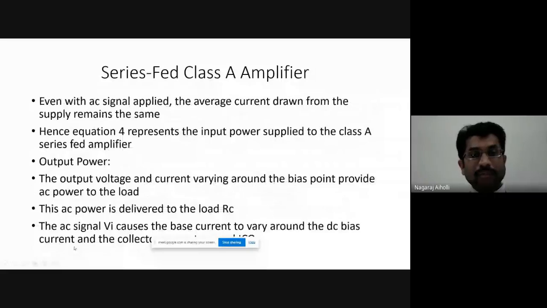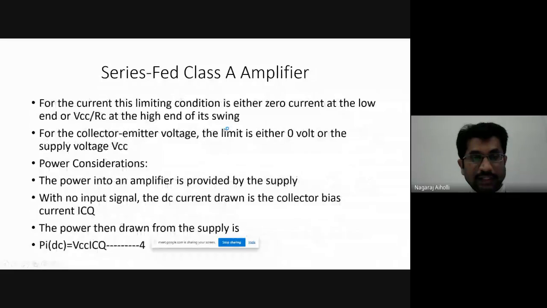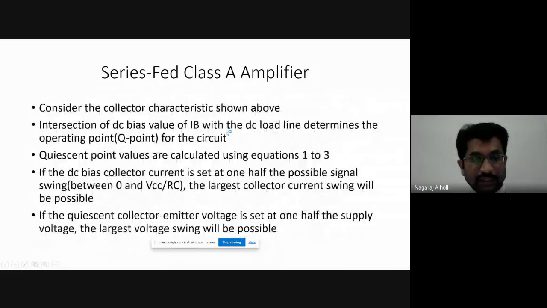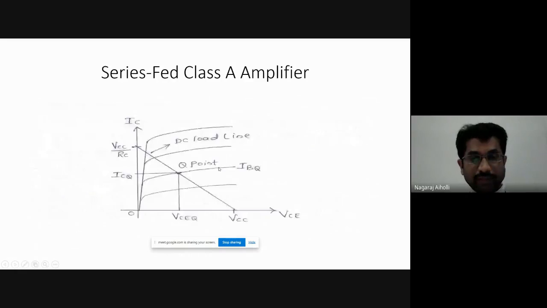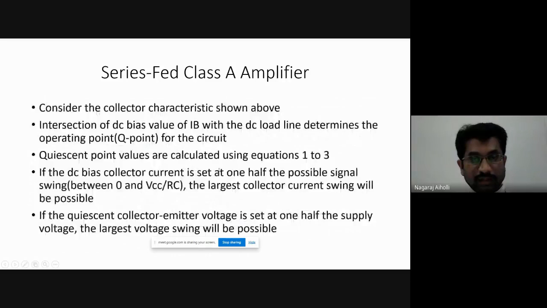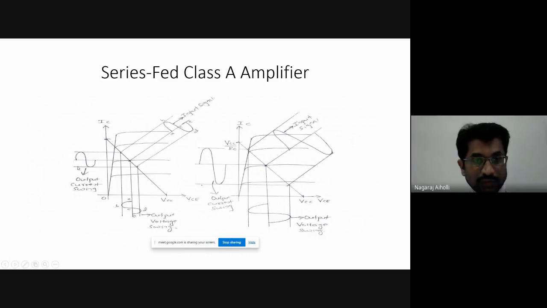Even with an AC signal applied, the average current remains the same. Even if we are applying the AC input signal to the circuit, the average current remains the same because it is at the operating point that we have considered. If you look into this graph, this is the collector current.